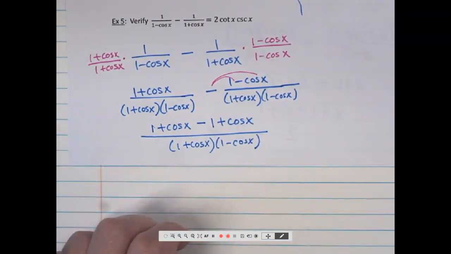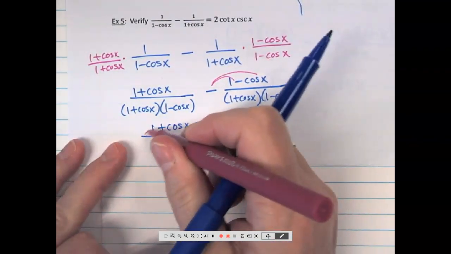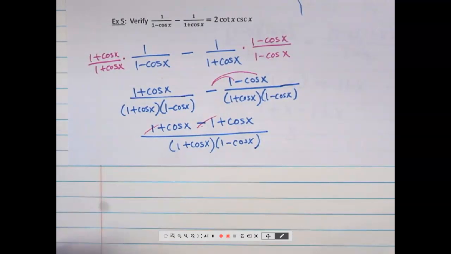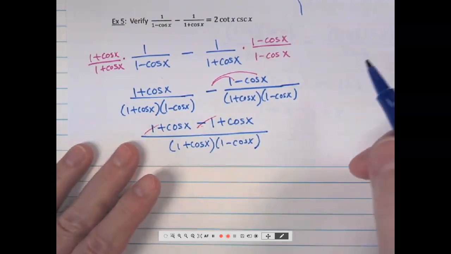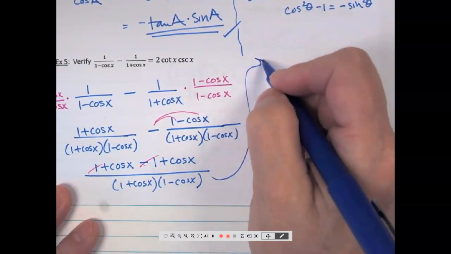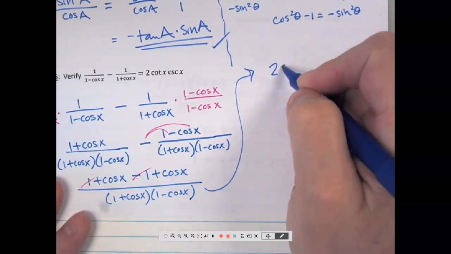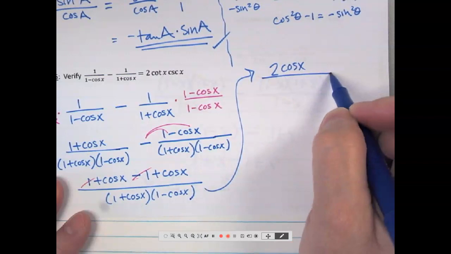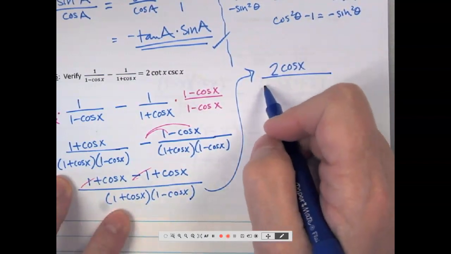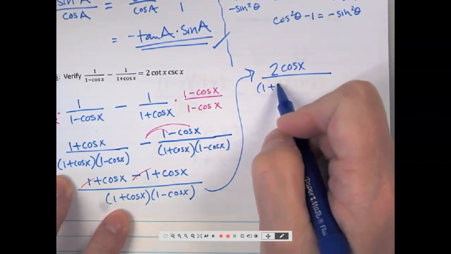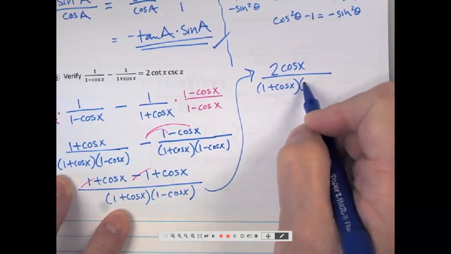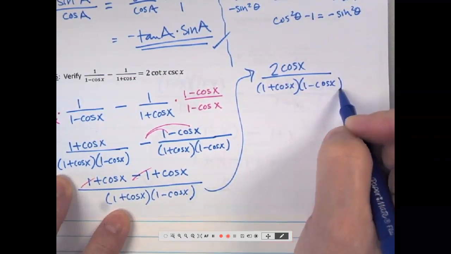Okay, do I have like terms? Yes, I do. 1 minus 1 is 0. What is cosine plus cosine? What's x plus x? 2x. So what's cosine plus cosine? 2 cosine x. Nice. Okay, I'm going to stop and see what I'm trying to get after I write this down.